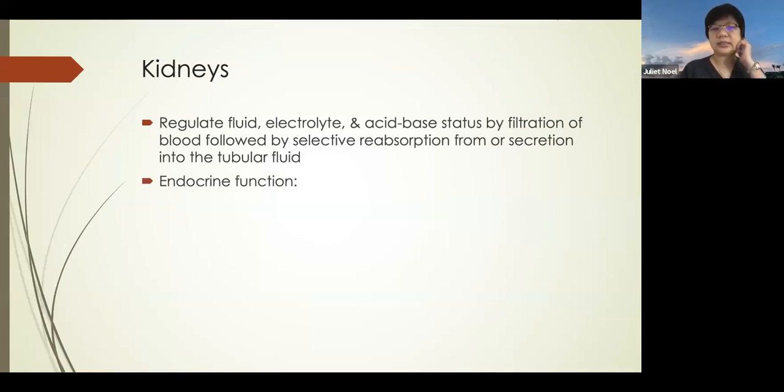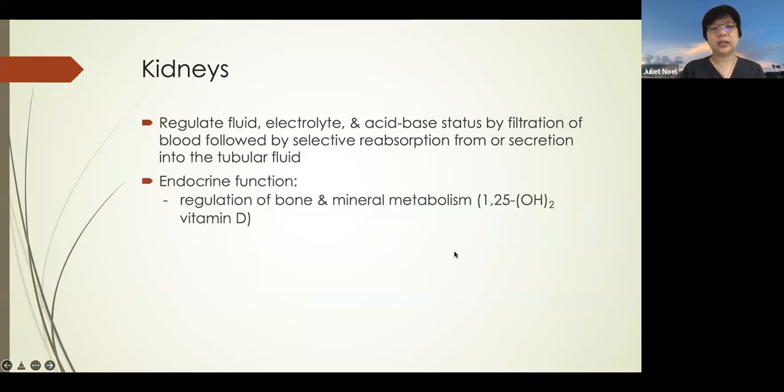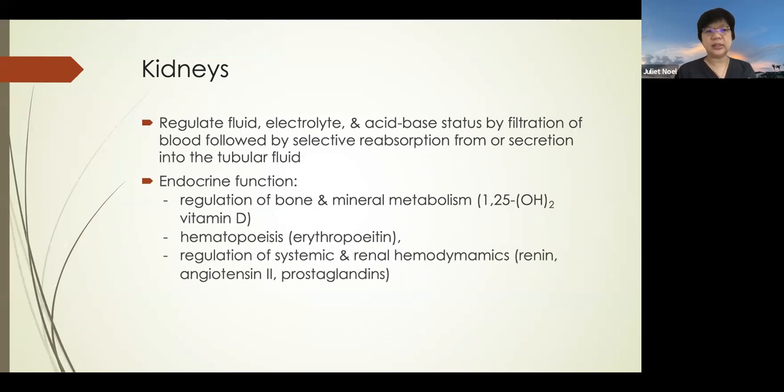And kidneys have an endocrine function, like the regulation of bone and mineral metabolism by the active vitamin D, 1,25 dihydroxy vitamin D. Then the erythropoietin for hematopoiesis, so it stimulates the bone marrow to produce red cells, and the regulation of systemic and renal hemodynamics via the renin, angiotensin, aldosterone, and prostaglandin.